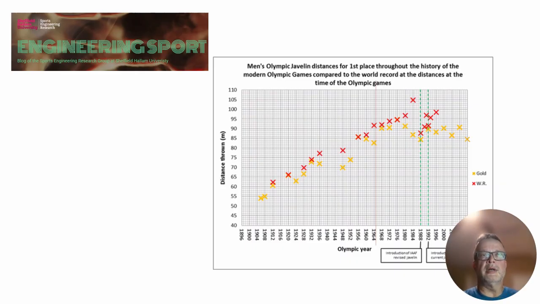Another interesting example is javelin, Olympic and world records. You see that around 1992, 1988, we had records established, and from this date on, for the gold medalists, we have almost a flat curve.